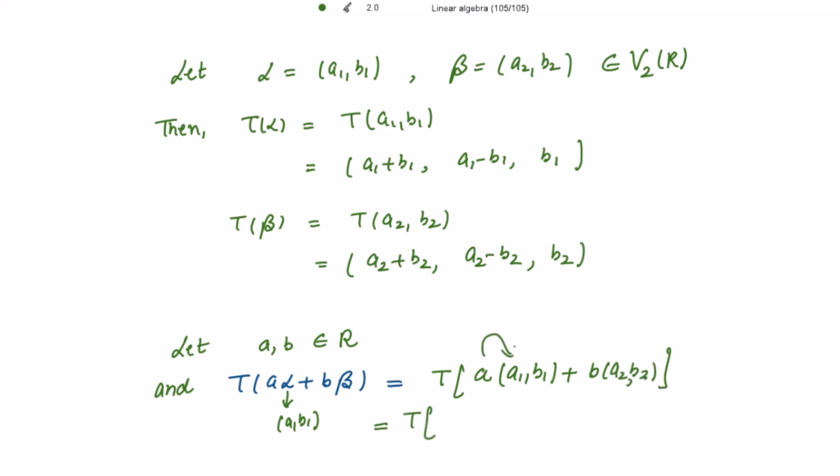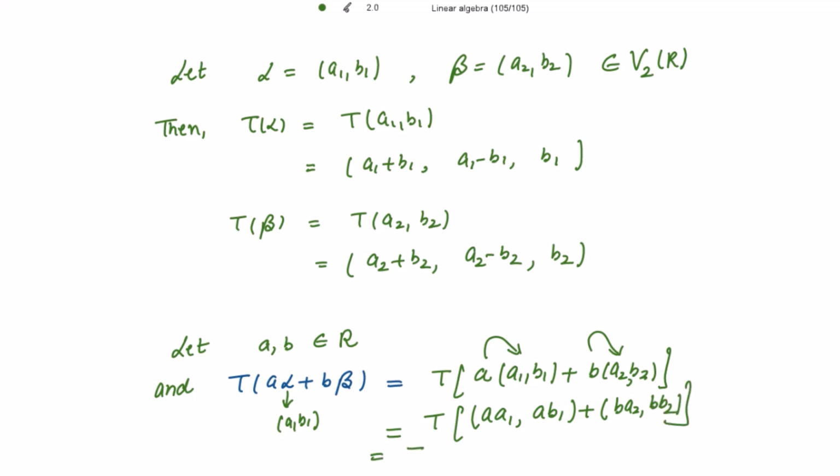Multiplying a inside of this bracket, (a a1, a b1) plus multiplying b inside, we have (b a2, b b2), which can further be written as T(a a1 + b a2, a b1 + b b2).